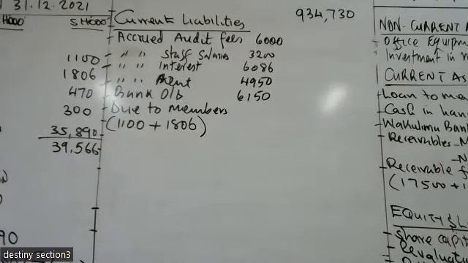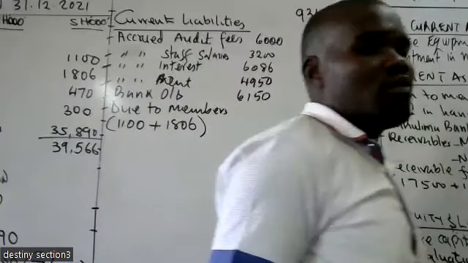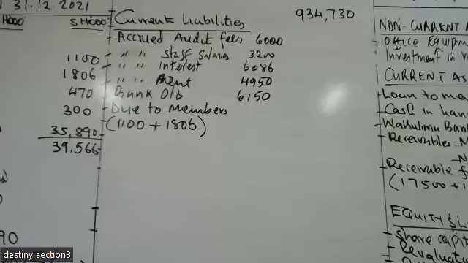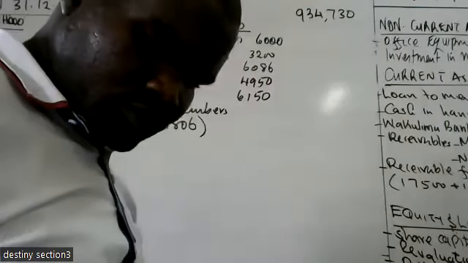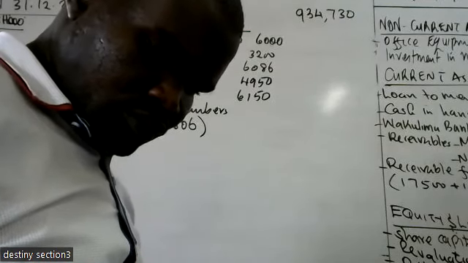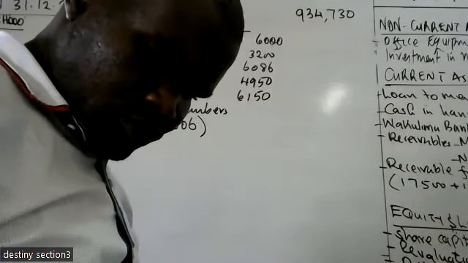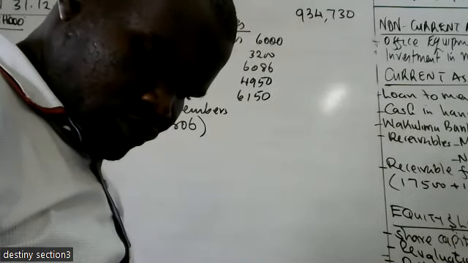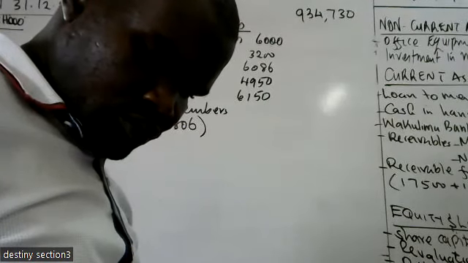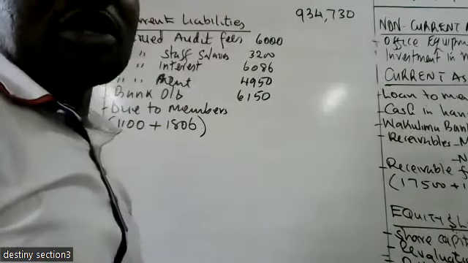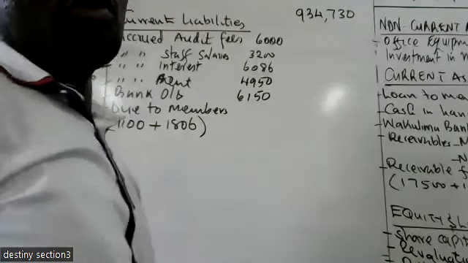Can you add those two? What do you get? How much?